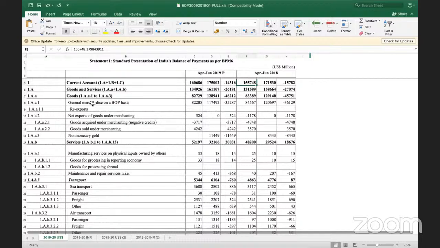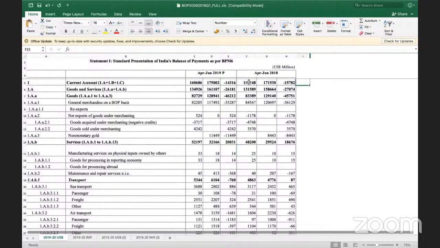Look at these goods. Non-monetary gold was 8,443 last year; this year there is no non-monetary gold. And general merchandise was 1,20,697, I'm sorry, 8,45,000.